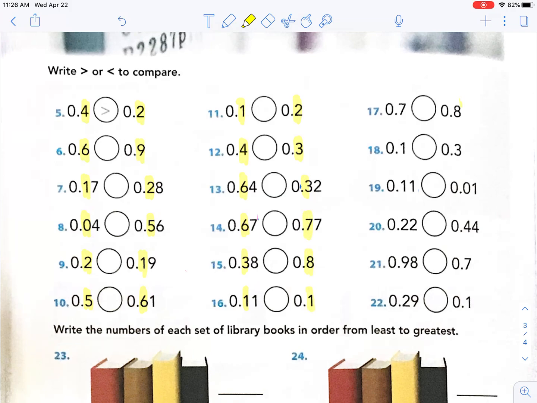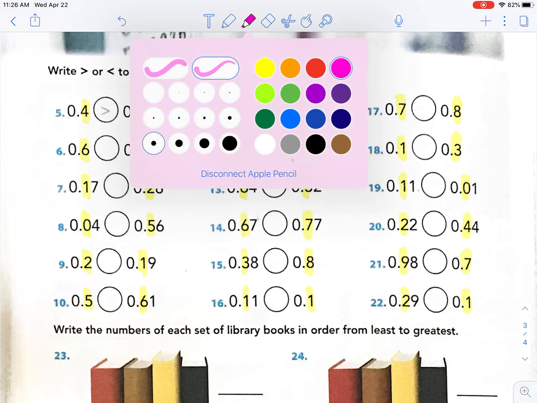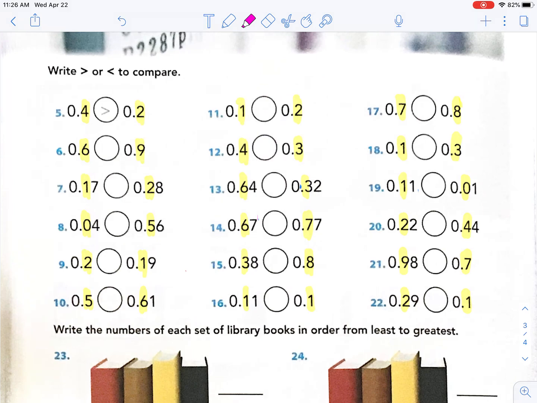And you would know the answer to that. But when you miss the place value on some of these, and I'll show you which ones are the trickiest, that's where you go wrong. So slowing down and paying close attention is what's going to help you succeed on this page and ordering your decimals.